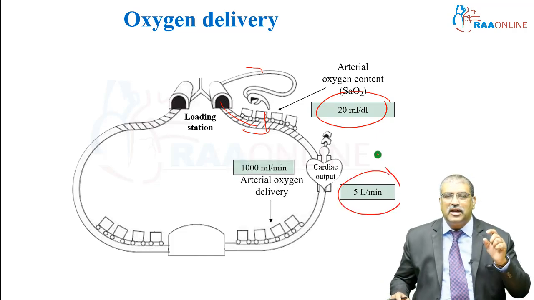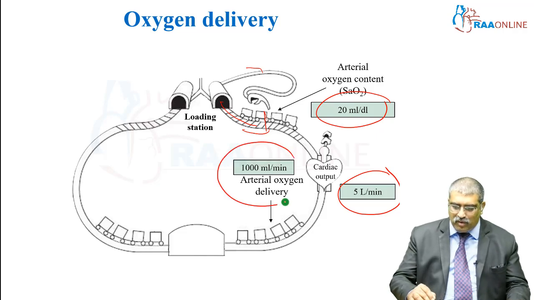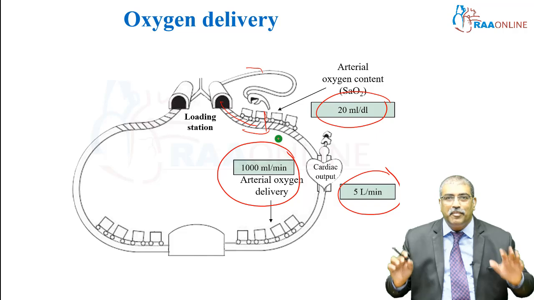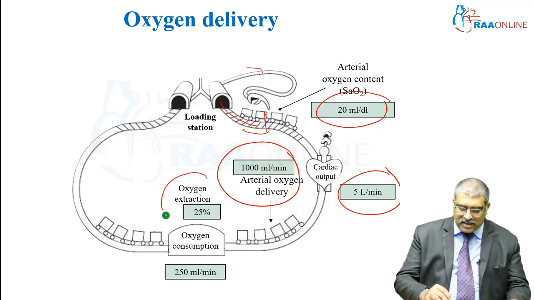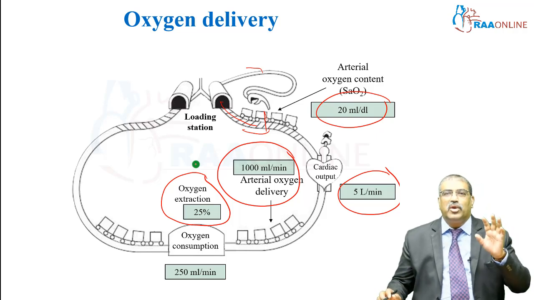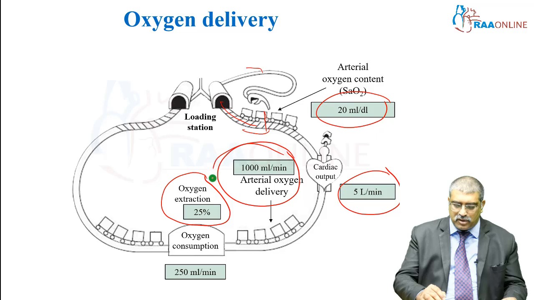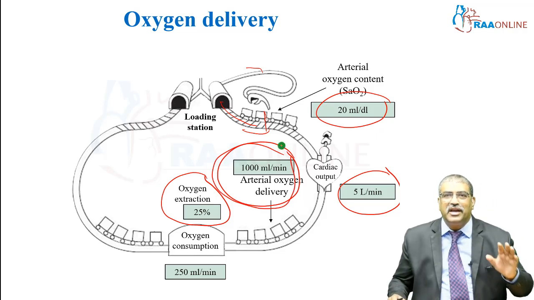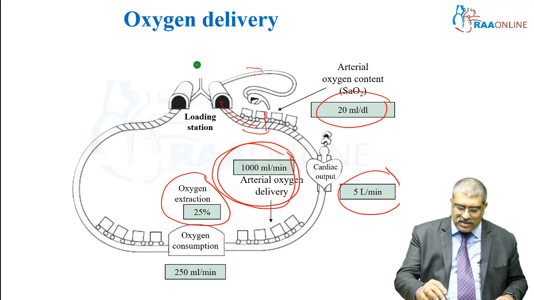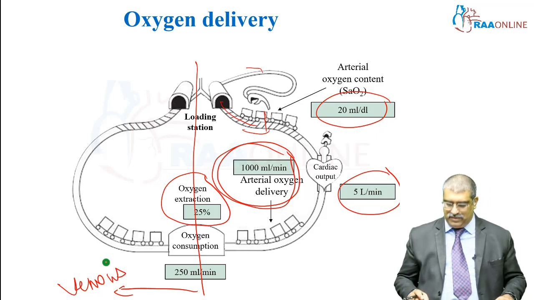So the total delivery of oxygen which is supplied to the tissue is around 1000 ml per minute, of which the tissue extracts only around 25%. So you remove 25% of 1000 ml. Your oxygen consumption is only 250 ml. Once this is the arterial side, then you go to the venous side after oxygen extraction.